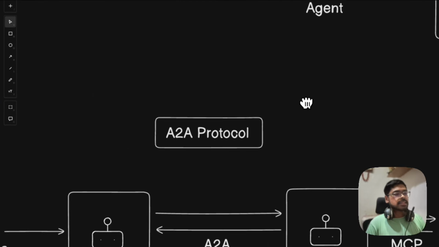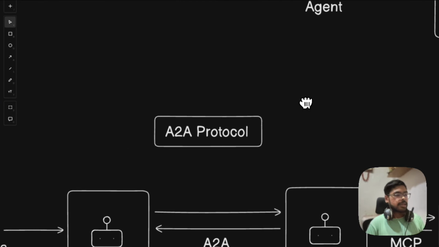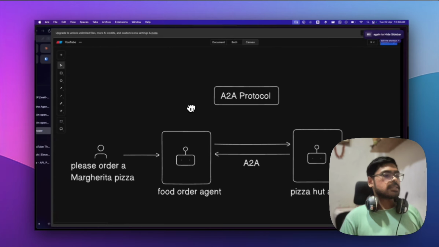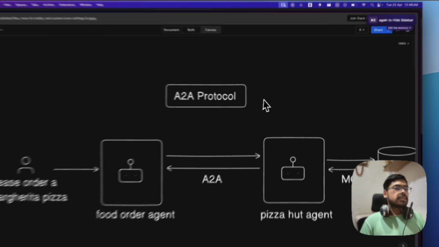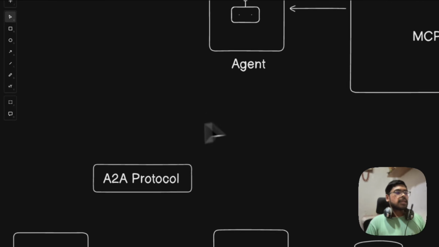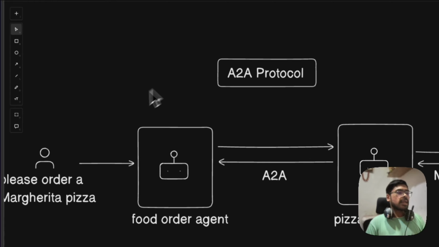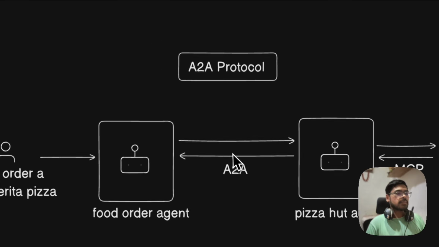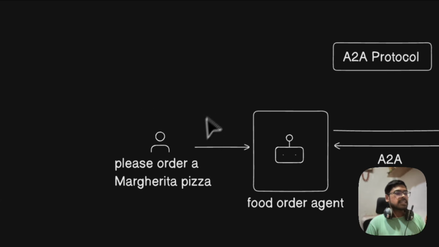So let's see what the A2A protocol is and how it is different. In A2A, there is no connection between one agent and another agent by default, but in the A2A protocol one agent converses with another, and the connection between them is A2A. Let's take this example.